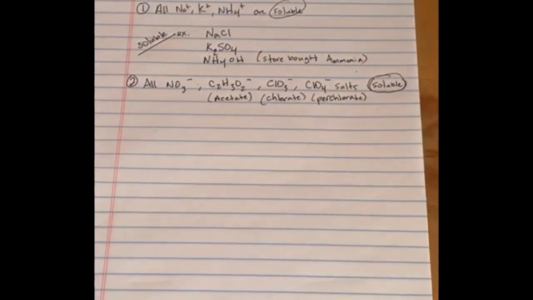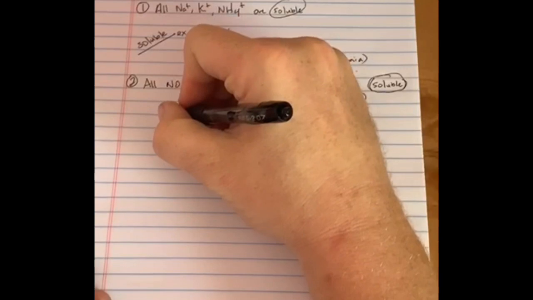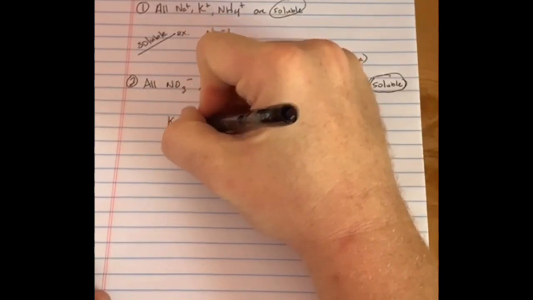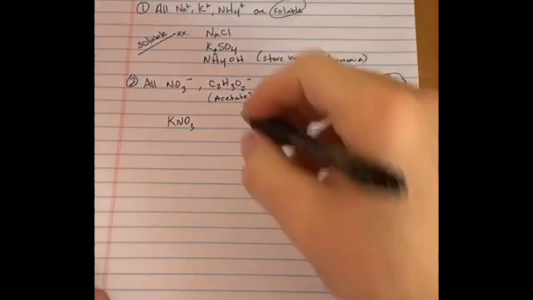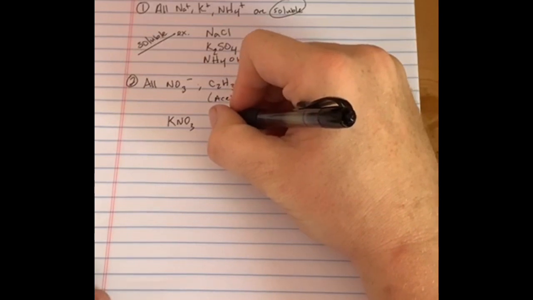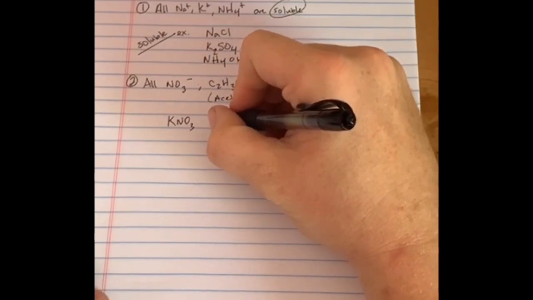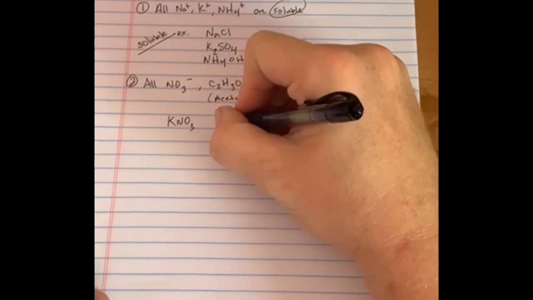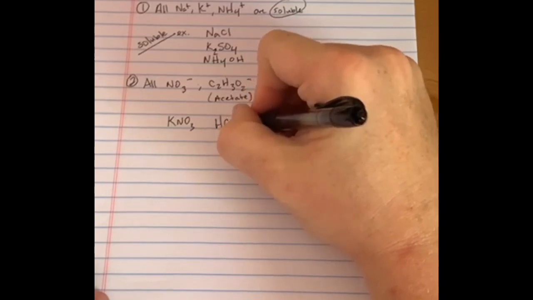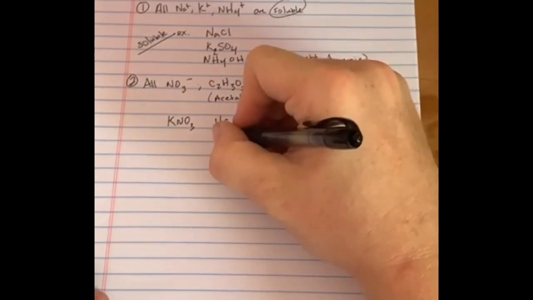Anytime you see any of these ions, they're going to be soluble as well. Examples would be potassium nitrate, that's definitely soluble. We could go with acetic acid or vinegar, HC2H3O2.